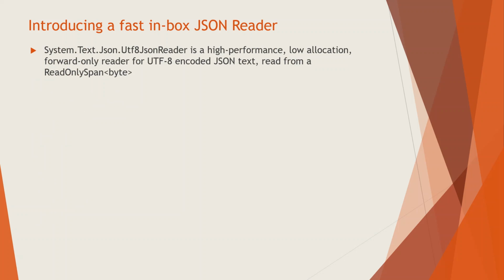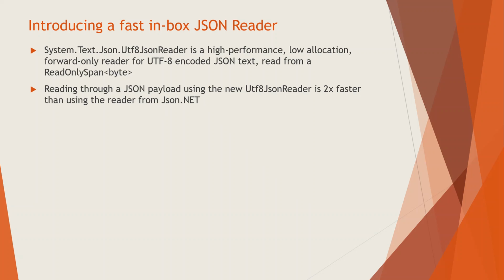Introducing a fast inbox JSON reader. One of the other features of .NET Core 3 Preview 1 is the System.Text.Json Utf8JsonReader, which is a high performance, low allocation, forward-only reader for UTF-8 encoded JSON text, read from a read-only span. Reading through a JSON payload using the new UTF-8 JSON reader is 2 times faster than using the reader from JSON.NET.